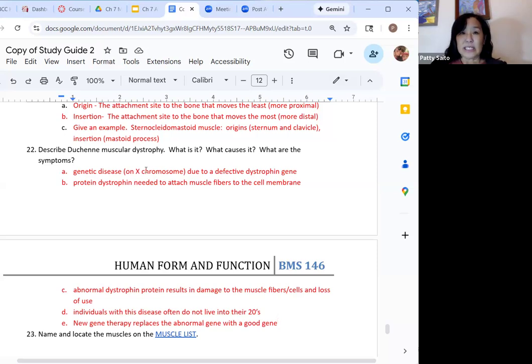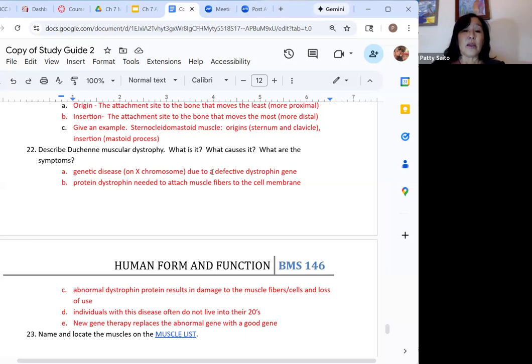And I'm not going to go into a lot of detail about what that means as far as inheritance and things like that, but there's a gene that is defective, and dystrophin is a protein. So there's a gene that normally makes a protein that is important in muscles and attachment of muscles within fibers.